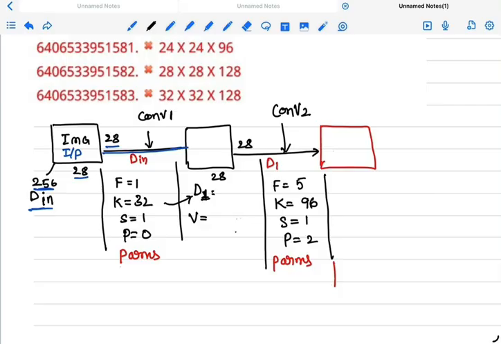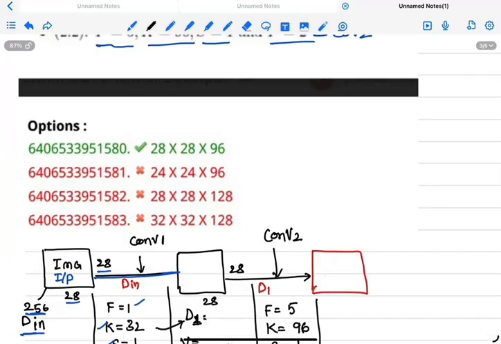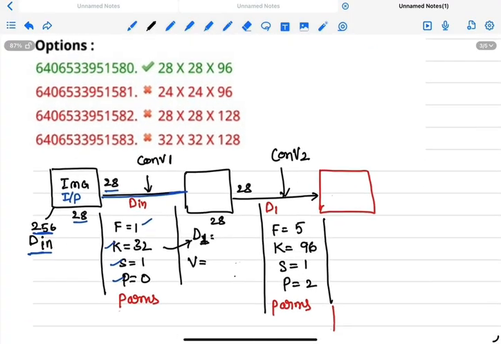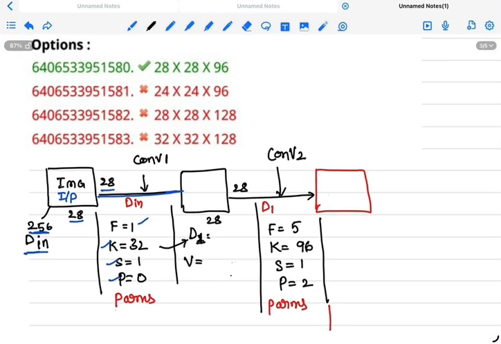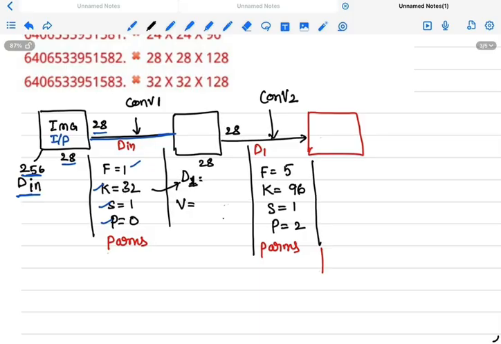This is the convolution layer 1 parameters mentioned in the question: filter size 1, number of kernels 32, stride 1, padding 0. In this question they are asking to find the feature map dimensions after applying the two convolution layers.